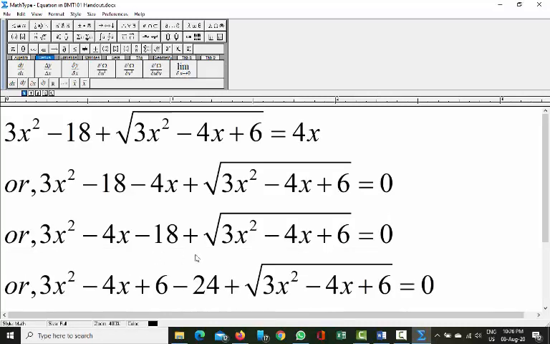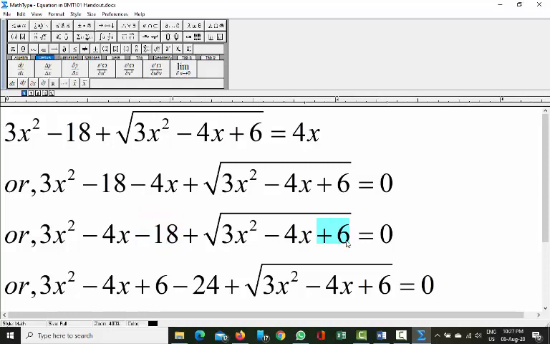So now, here inside the root we have 3x square minus 4x plus 6. Right? And here also we have 3x square minus 4x. But here we have minus 18, whereas here we have plus 6.